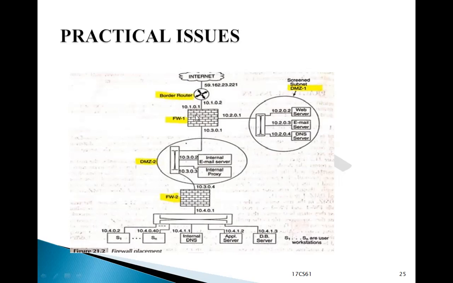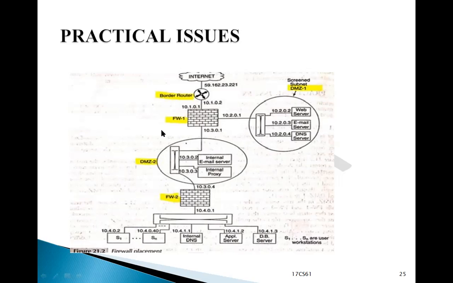So this particular firewall has connections with the internet, DMZ1 and DMZ2, through three interfaces. Usually firewalls that have more than two interfaces are called multi-homed, so we can call FW1 a multi-homed firewall.